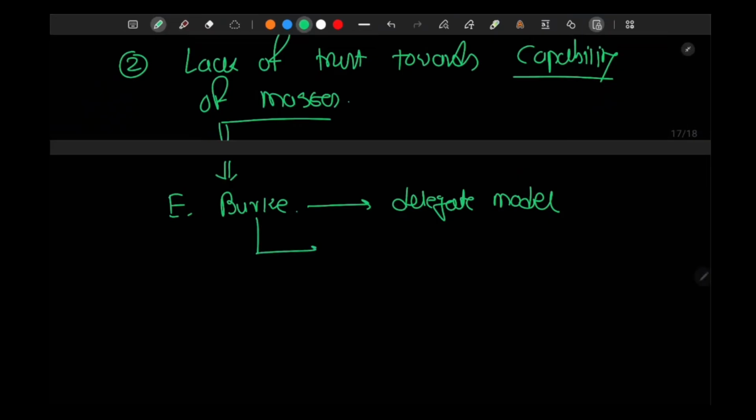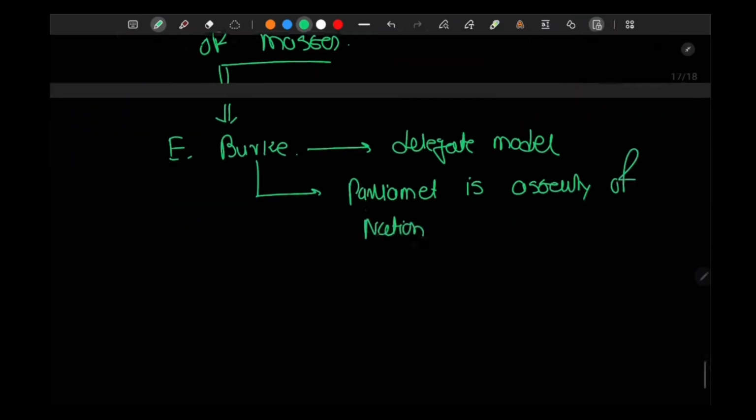And Burke says that parliament is not an assembly of constituencies, but an assembly of the nation, where nationwide issues are taken.